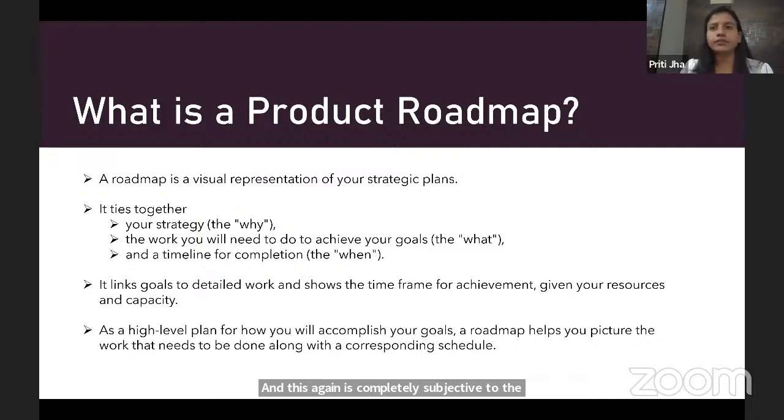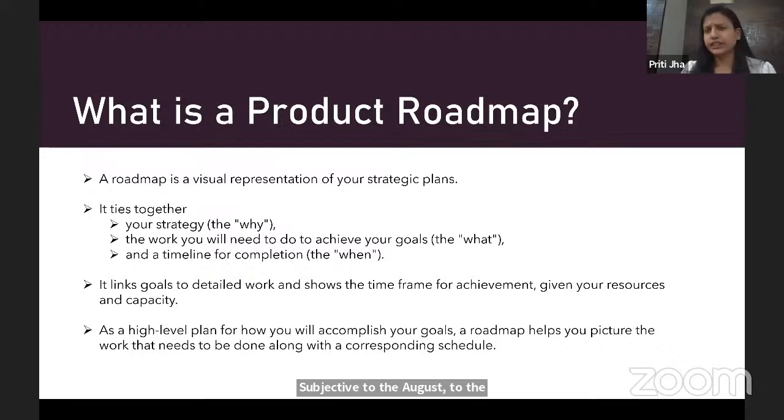I have worked in various organizations wherein, in one, they used to have a 6-month roadmap. In another, they used to have a quarterly roadmap. Another one, they used to have a yearly visualization of what they're going to build in an entire year. So that is completely subjective to the organization that you're working in.